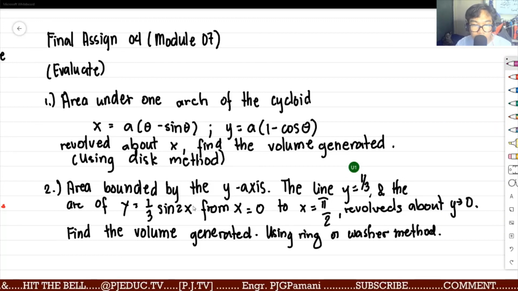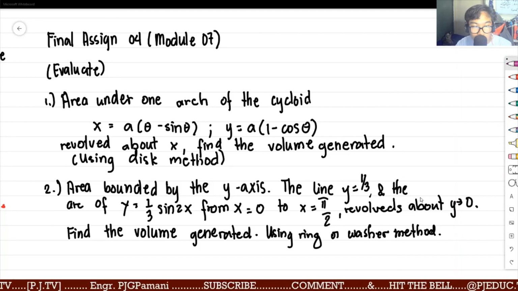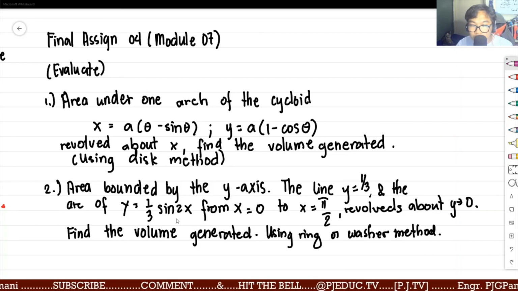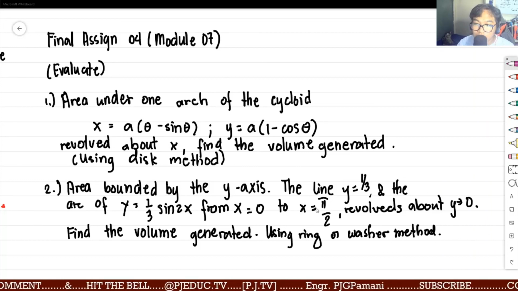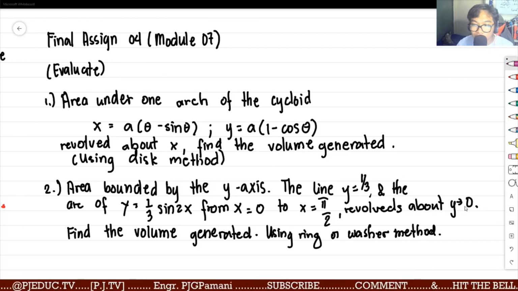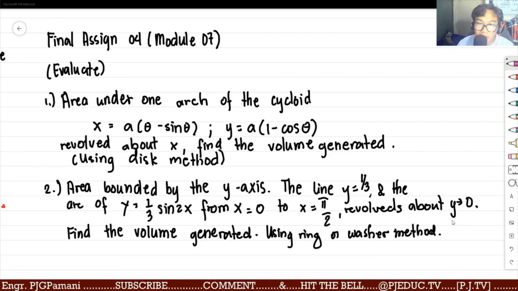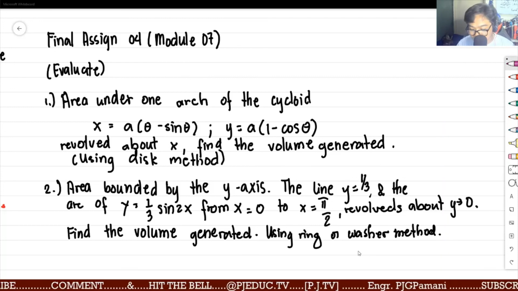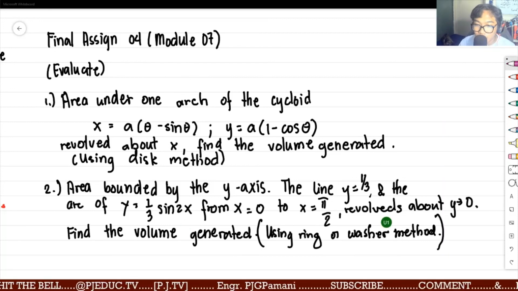Ulitin ko, area bounded by the y-axis, the line y equal to 1/3 and the arc of y equal to 1/3 sine 2x from x equal to 0 to x equal to pi over 2. So may limits na rin siya. Revolves about y equal to 0. So, ang point of revolution is at y equal to 0. Find volume generated, this time using ring or washer method.